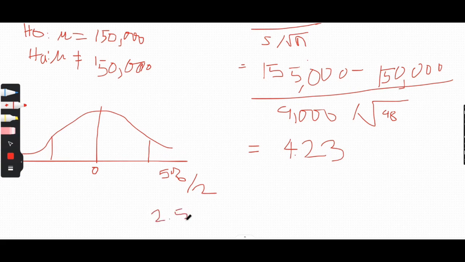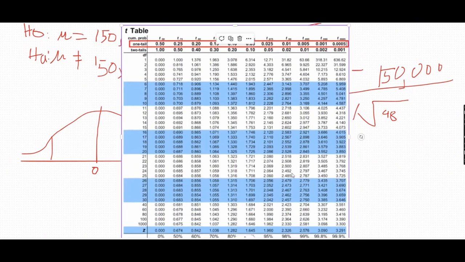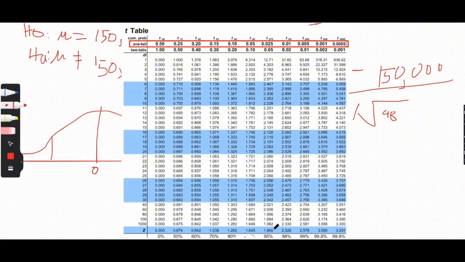Then we find the critical value in our table. Since it is two-tailed, we look at 2 and 5, which is around 1.960. So our z critical value is 1.960 on both sides.